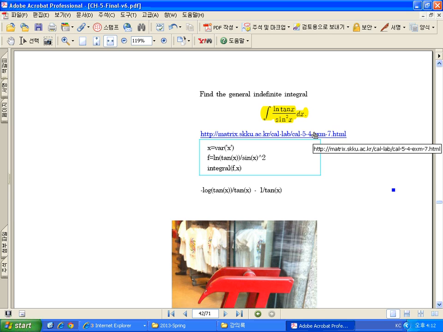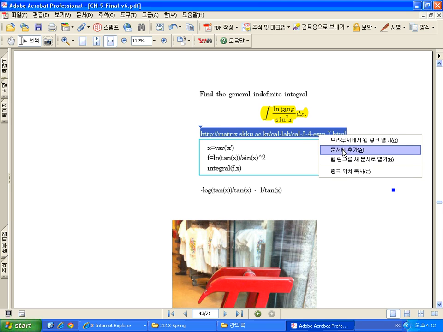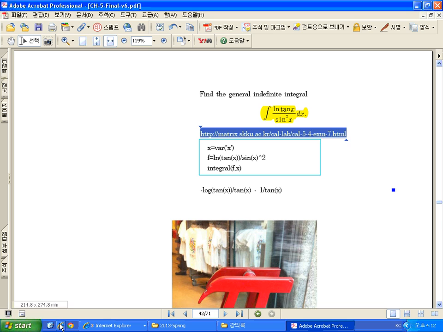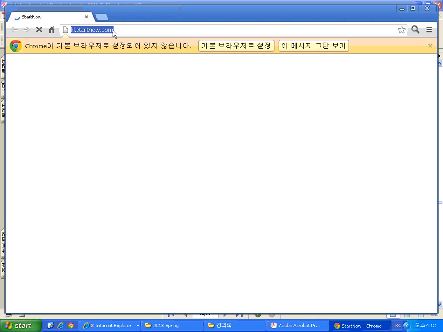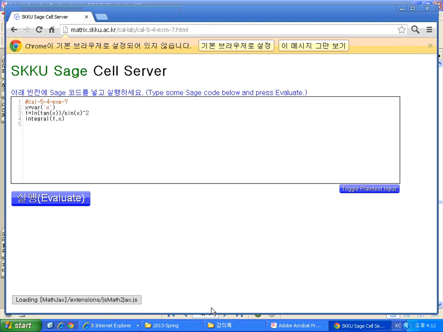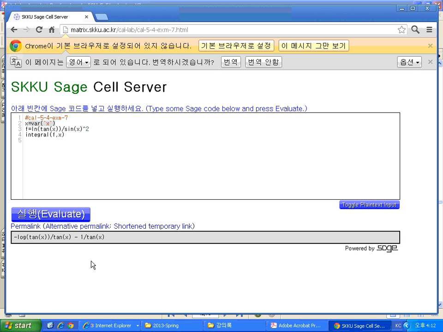Here, if you do the computation, then here, this example 7 in section 5.4, for the variable x, we are looking for the integral of the function f, which is ln of tangent of x over sine x squared, which gives us this value.